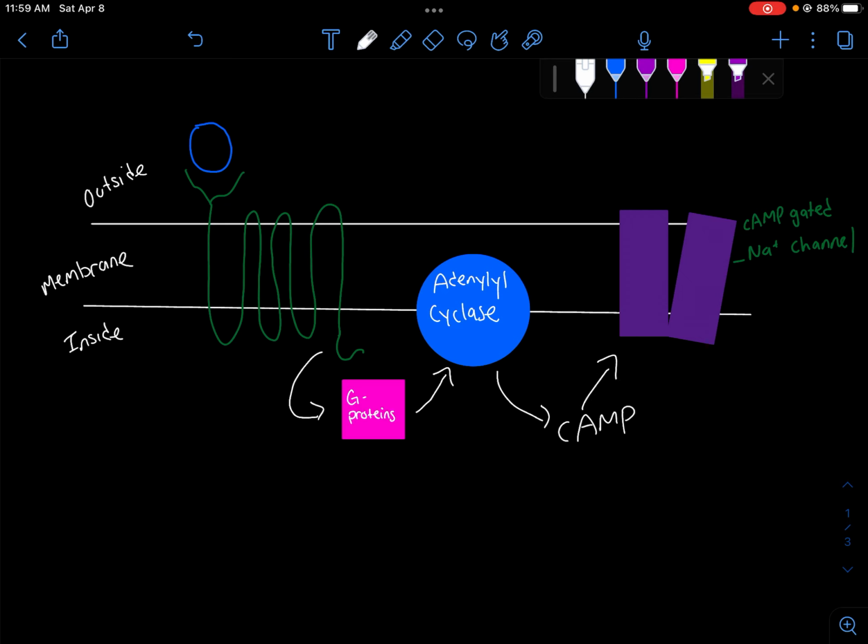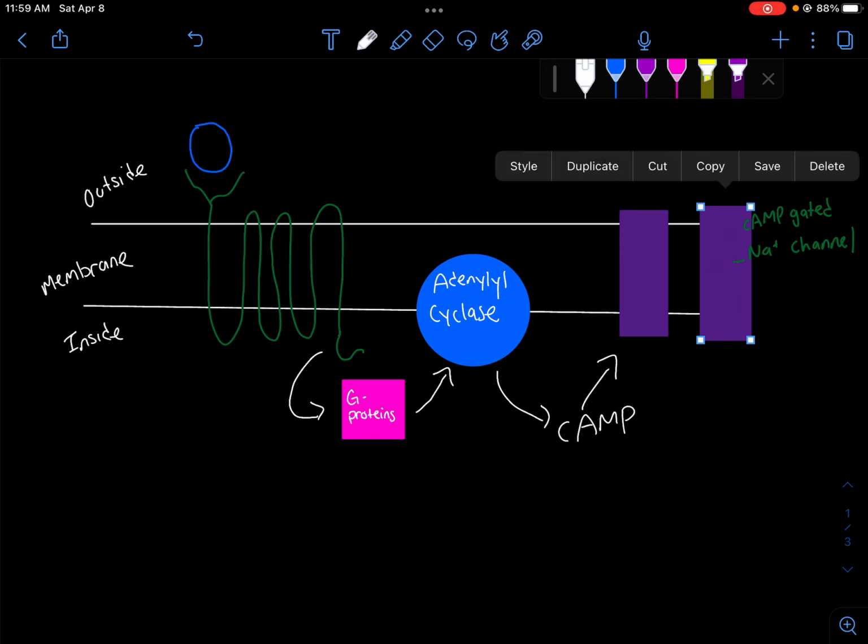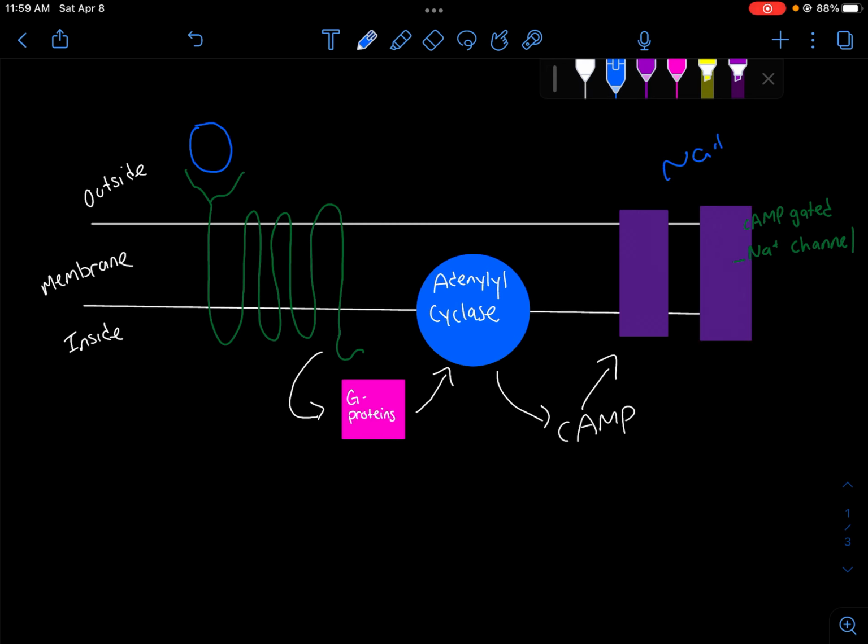And critically, the cAMP can open a sodium channel so that sodium can enter into the cell. Once you have a lot of sodium entering the cell, the membrane potential becomes more positive, and with enough of this, you can maybe enact an action potential with other types of sodium channels.